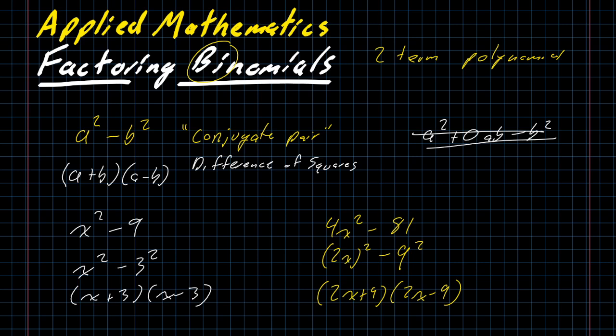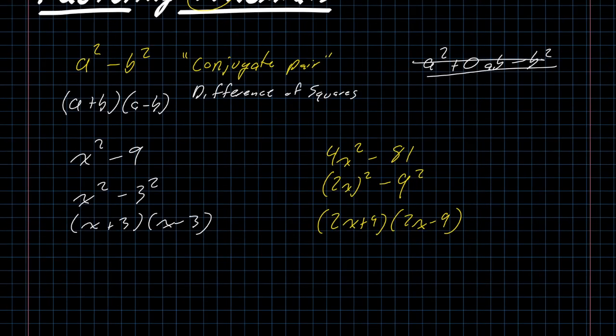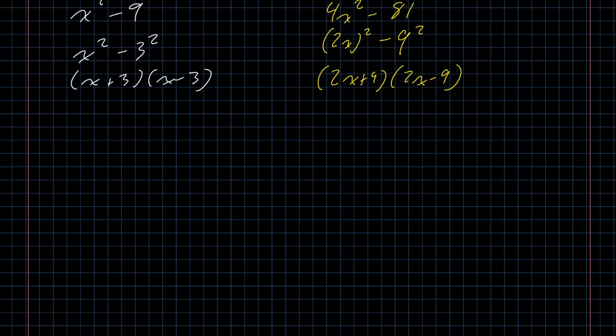One of the really fascinating things with the difference of squares formula is that it becomes applicable when you have higher powers, and it can do some very interesting things. I kind of like that 81. We'll stick with that, but instead of 4x squared, let's take a look at x to the fourth. Because x to the fourth is x squared squared.